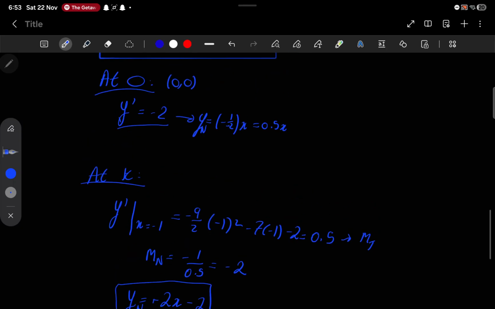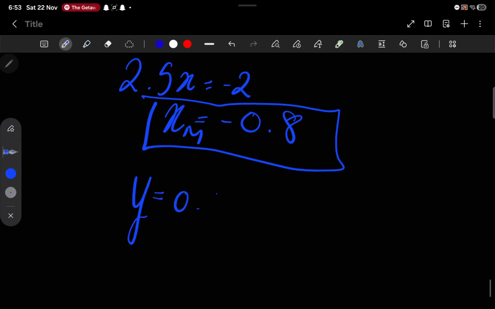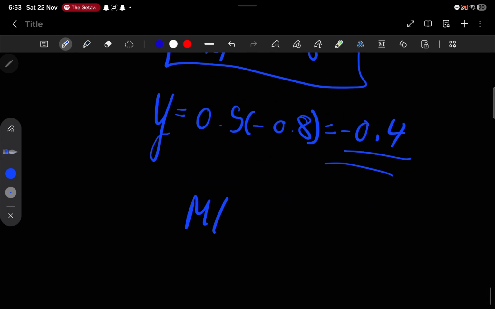We're going to use 0.5x because it's much simpler. So y is equal to 0.5 into negative 0.8, which gives me negative 0.4. So my coordinates are negative 0.8, comma, negative 0.4.